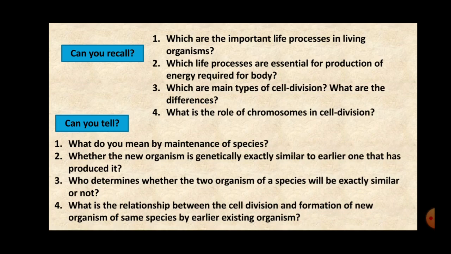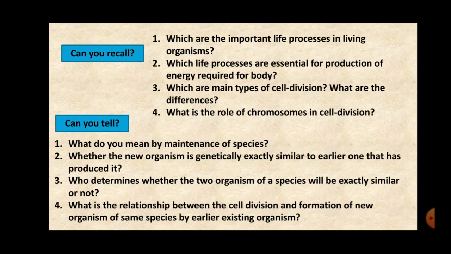It is possible due to one of the very important life processes that is called reproduction. Okay. In reproduction, the new individuals of its own kind are produced, and because of reproduction, the survival of these species takes place in the universe.